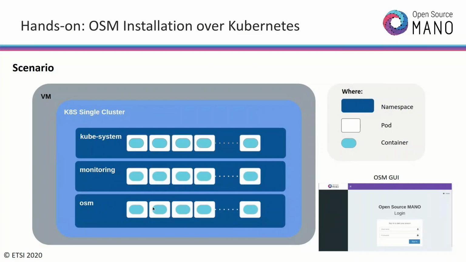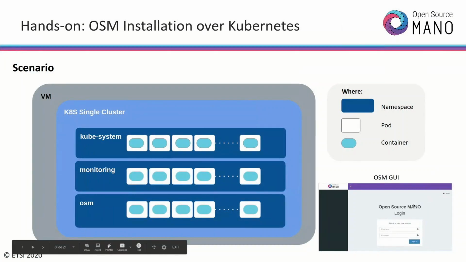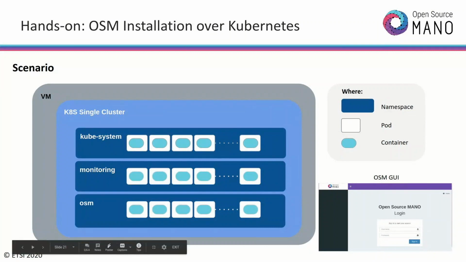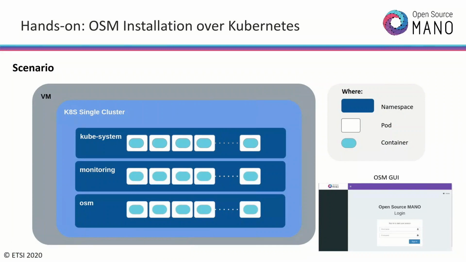Inside each namespace, we will have pods created, and inside each pod, we will have a container running on it. And then we will have to test our user interface of OSM in order to explore the different options we have, and we'll be testing different features later in other hands-ons.